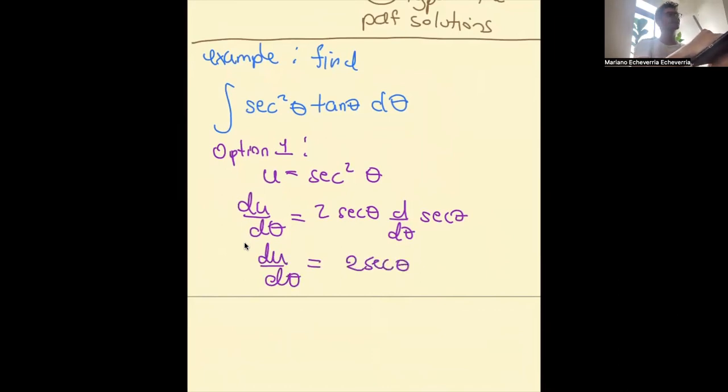It was secant times tangent. So you end up with, oh, okay. Actually, this will work.